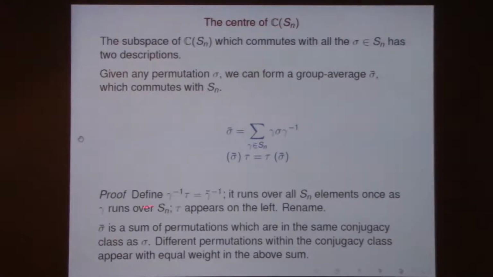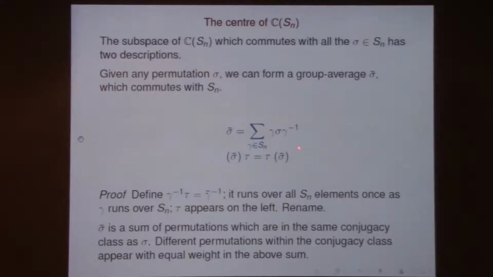Good. So sigma bar then is a sum of permutations which are all in the same conjugacy class as sigma. When you conjugate, you get something in the same conjugacy class. And when I do this sum here, I get different permutations within the conjugacy class of sigma, and they all appear with equal weight, it turns out.